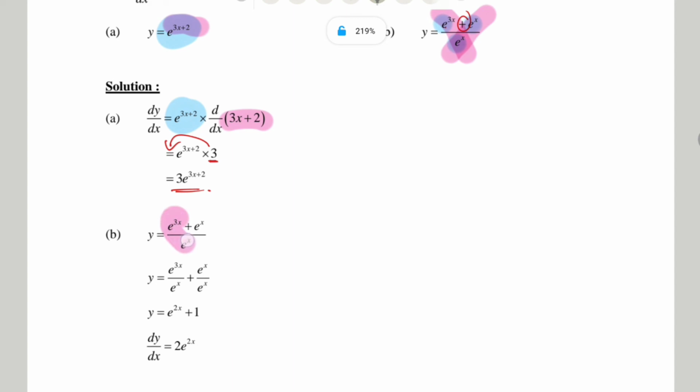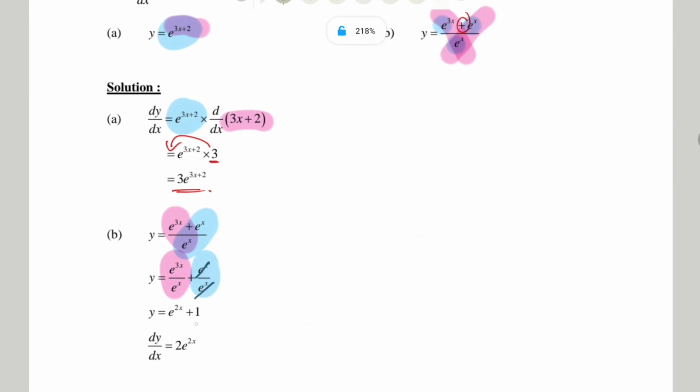Like this. e to the power of 3x over e to the power of x plus e to the power of x divided by e to the power of x. Then I can simplify this to be 1. e to the power of 3x divided by e to the power of x simply means that when we divide, the powers will be subtracted from each other.